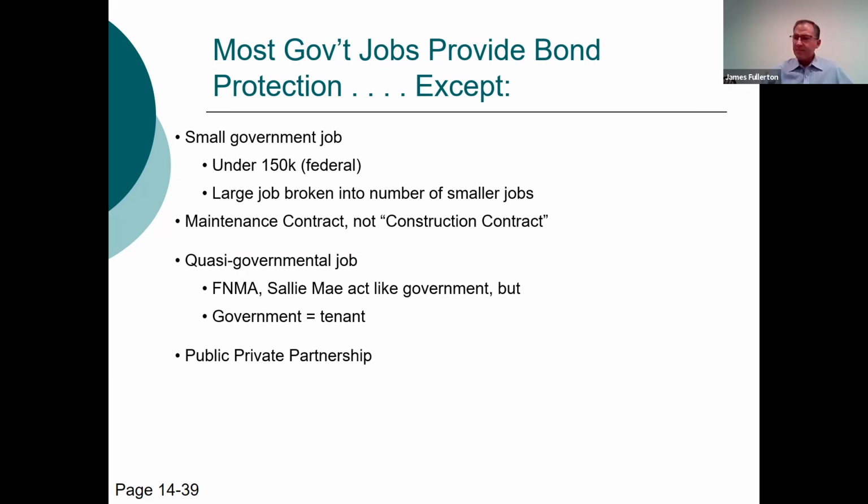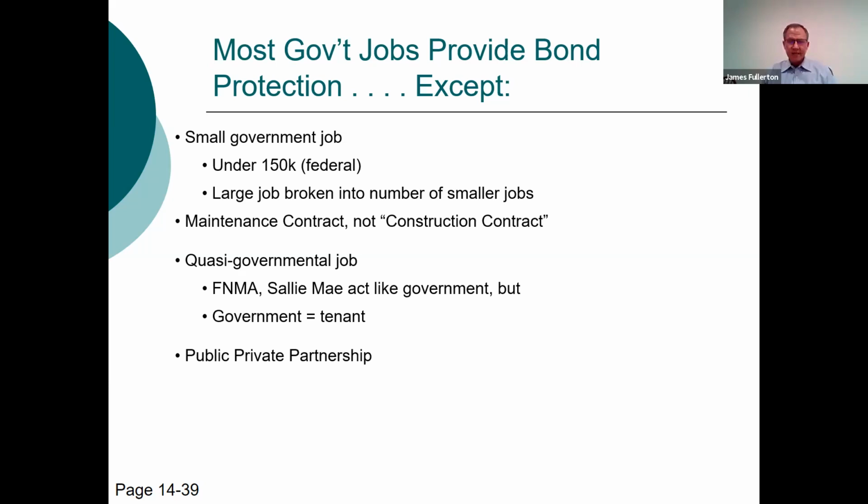Now that probably wouldn't happen today, at least not in a Virginia Department of Transportation project like that, because the state statutes now require bonds on triple P projects like that, but it's something to think about. It's another instance where you need to see a copy of the bond.